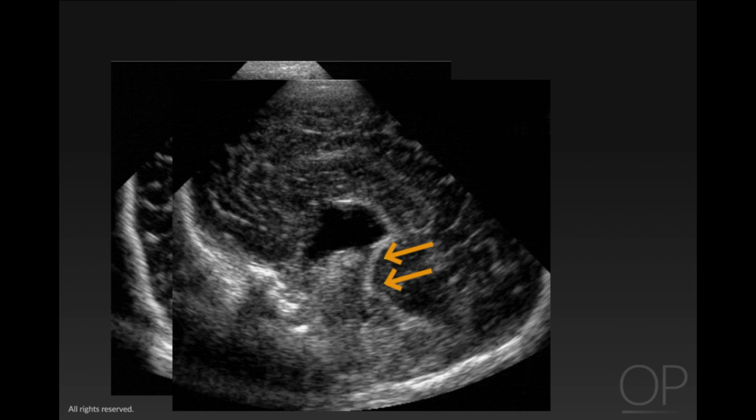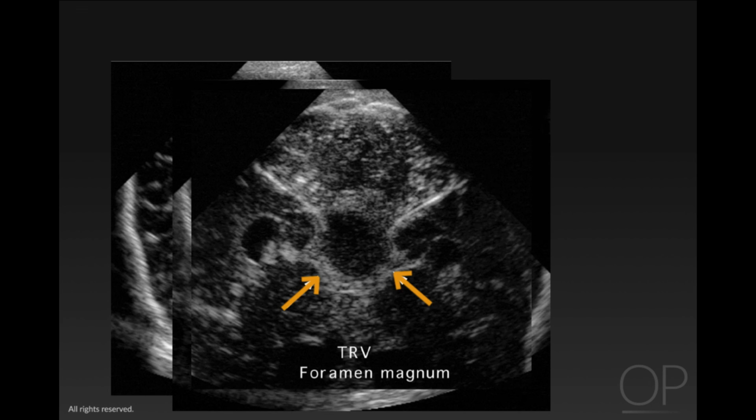Although this is difficult to characterize, on the transverse foramen magnum view, we can see outlined by arrows that this is a poorly clotted supratentorial clot pushing on the cerebellum. Notice also that on this view, neither the cisterna magna nor the fourth ventricle is well seen.